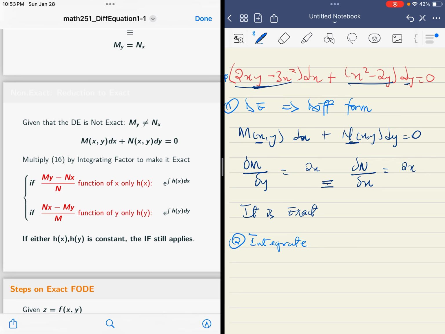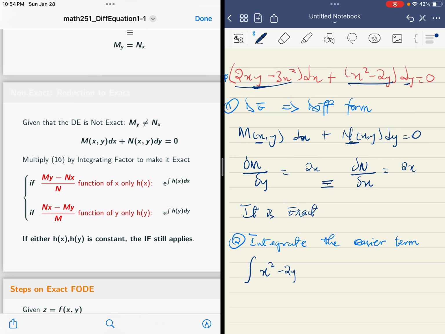Looking at our question, I will say that N of x,y is simpler to integrate. So we will integrate x squared minus 2y.